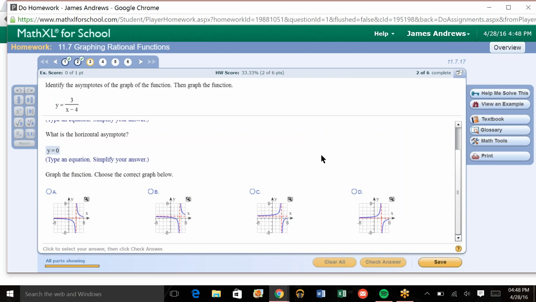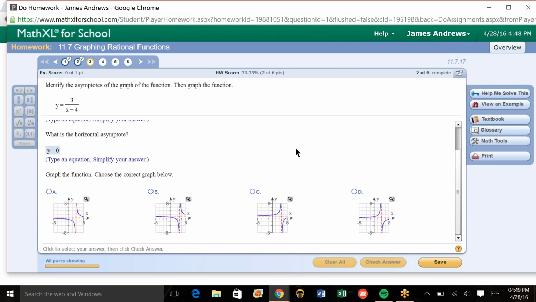So to tell which one it is, plug in a value to the right of that asymptote. And let's see what number we get. Pick a number to the right of 4. Okay. Plug it in. What's y? Okay, what's y equal to? y equals 3 over 1.